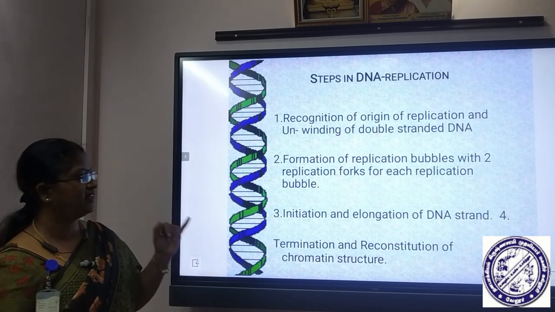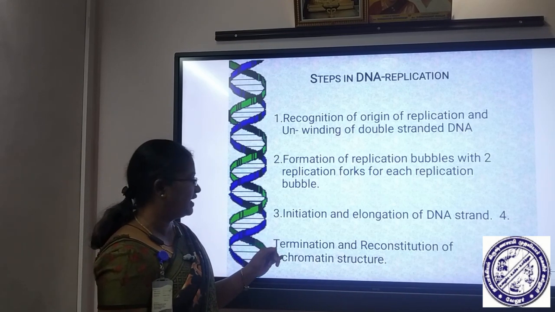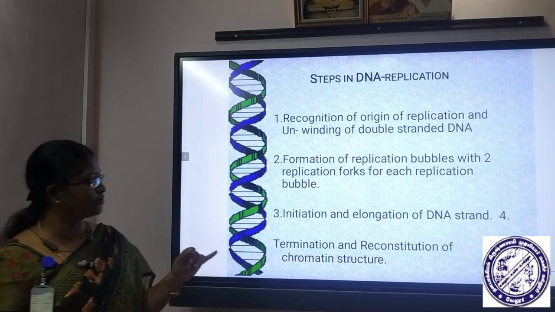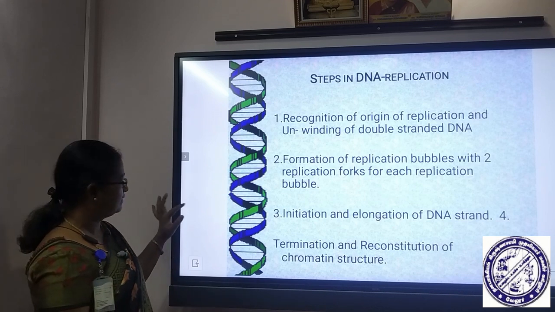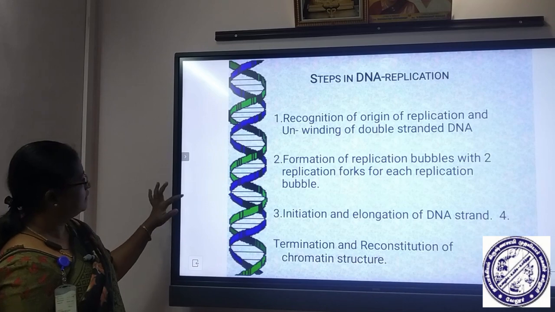The third is initiation, followed by elongation of the DNA strand. And next is termination and reconstitution of chromatin structure. So the structure shows the unbinding of the double-stranded DNA.